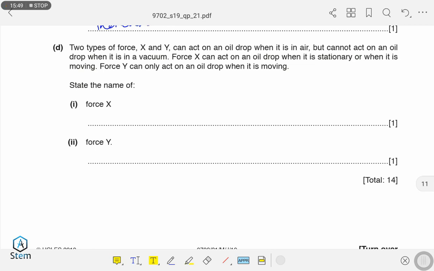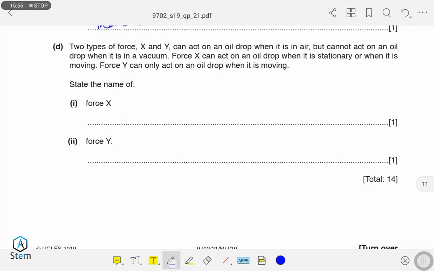This one, force Y is definitely drag, which is also air resistance. If an object is moving in any medium other than the vacuum, it will experience a drag. Then force X, this should be upthrust.